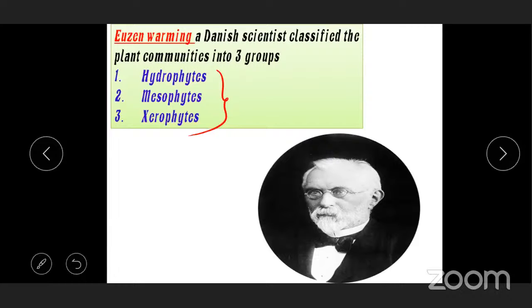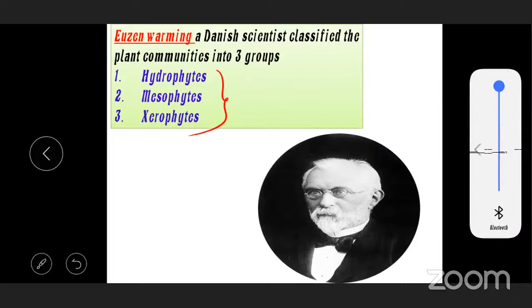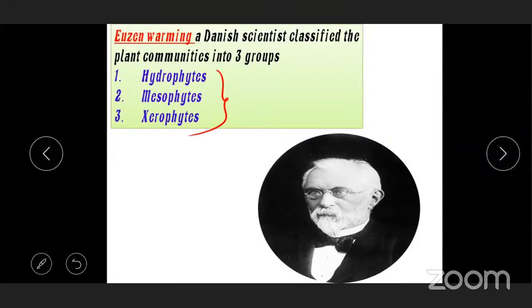He classified all plant communities present on the earth into how many groups? 3 groups: hydrophytes, mesophytes, xerophytes. The plants which grow in high water areas or in water are known as hydrophytes.